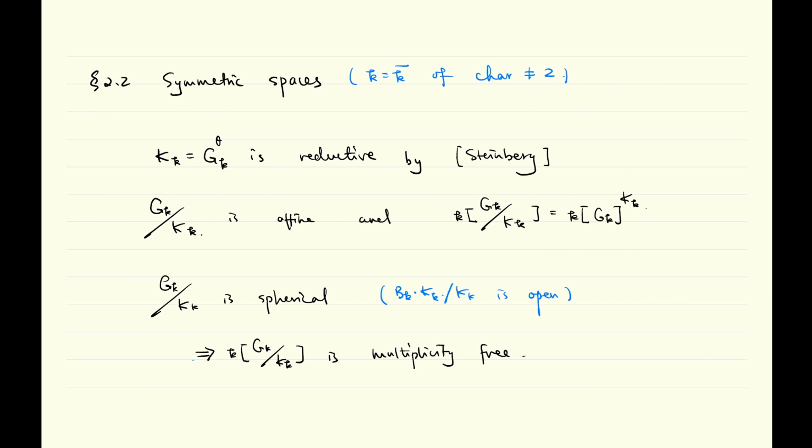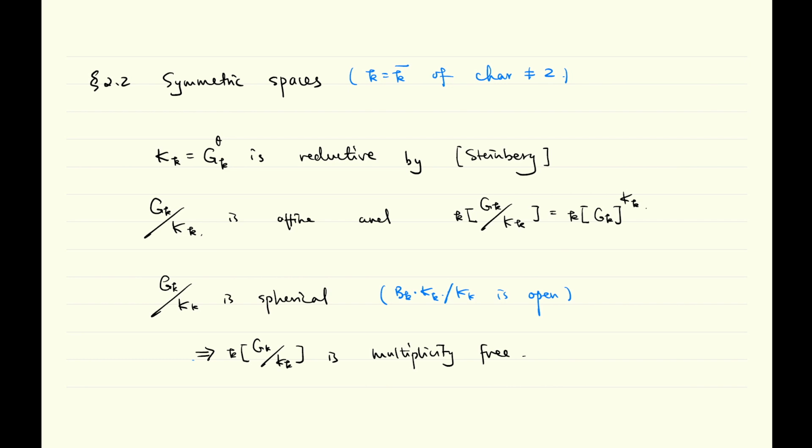So now, instead of symmetric subgroups, I want to talk about symmetric spaces. Again, in the group case, the two things merge together. But in general, those are two different things. By Steinberg, I actually forgot which year, we know the fixed point group is always reductive, may or may not be connected.